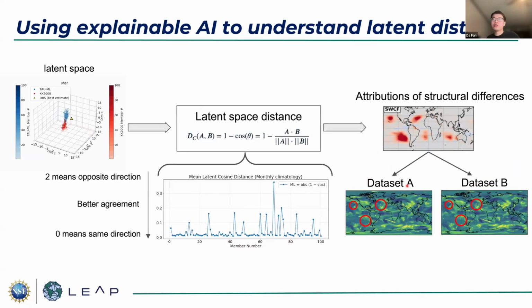Next, we try to figure out the structural deficiency in the models through explainable AI. So here we define the latent space distance as the cosine distance.